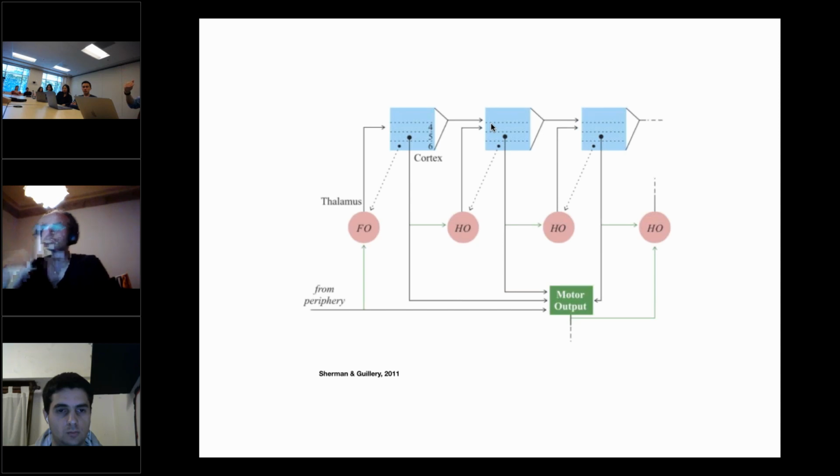But all of a sudden, if something unexpected happened that is not part of your efferent copy, then all of a sudden it sort of primes the other area. They describe it as being analogous to a wake-up call. We'll talk about how that can play out.